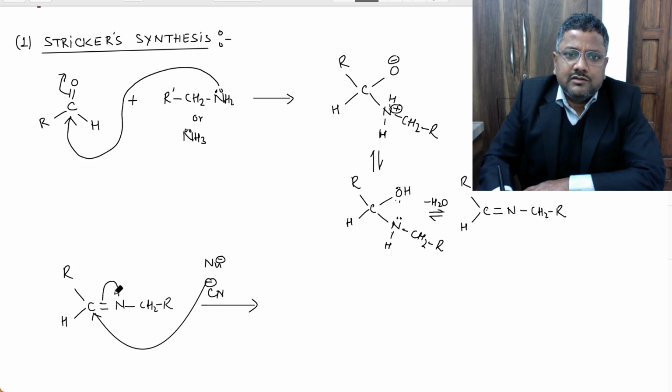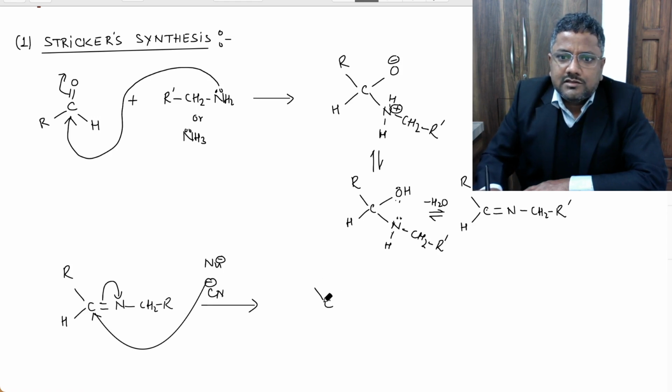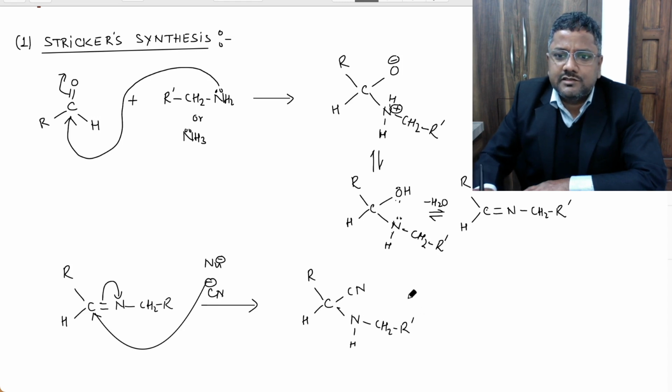So this will move like this. This is R dash basically. So what we will get: R, H, C, N, N, and H from the aqueous medium it will take, NH, CH2R dash. Now hydrolyze this.